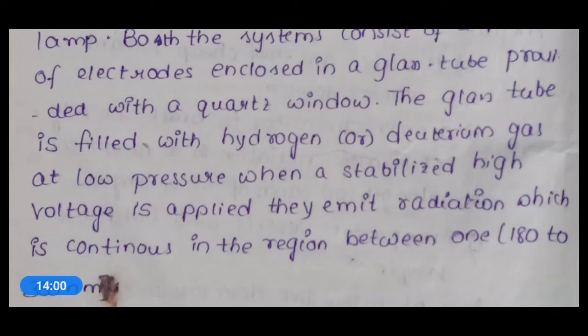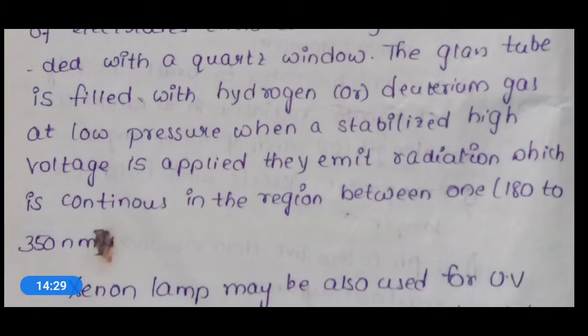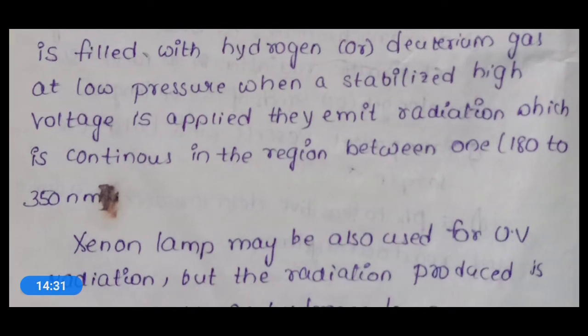These two gases are present at low pressure only. When a stabilized high voltage is applied, it will emit radiation, and the region in which this radiation is present is 180 to 350 nanometers.